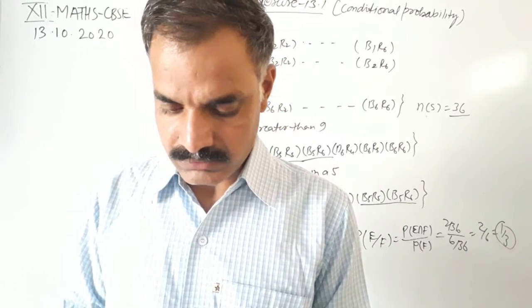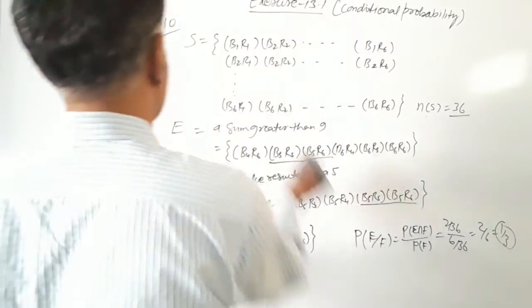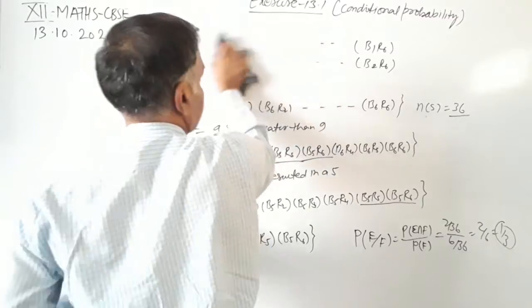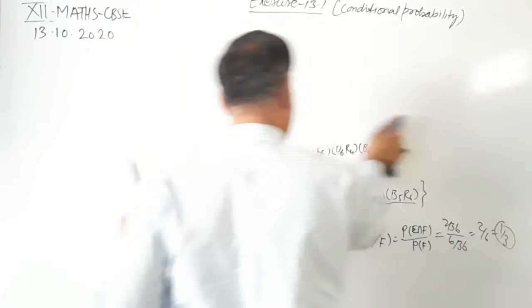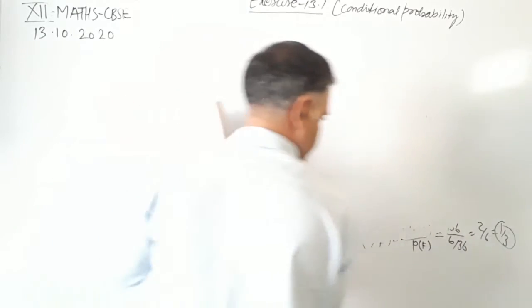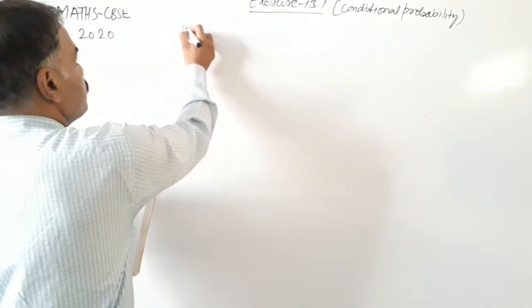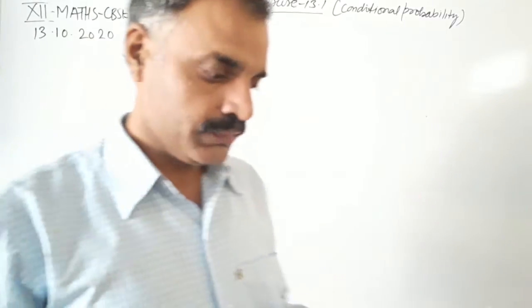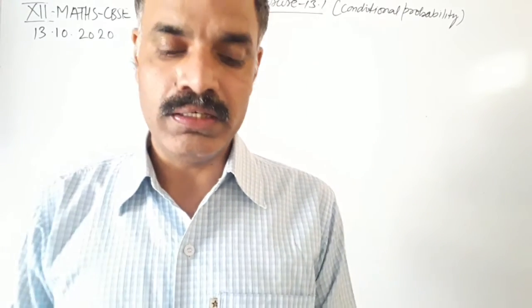Now let us take question number 12. Assume that each born child is equally likely to be a boy or a girl.